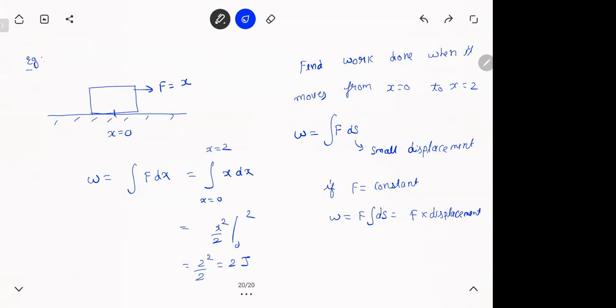Work done is not actually F into S, it is actually integral F ds. Only when force is constant, it will come out of the integral. You get the formula force into displacement. So if you want to use the formula work done is force into displacement, remember, you can use it only if you are sure force is constant. If force is not constant, you don't use that.